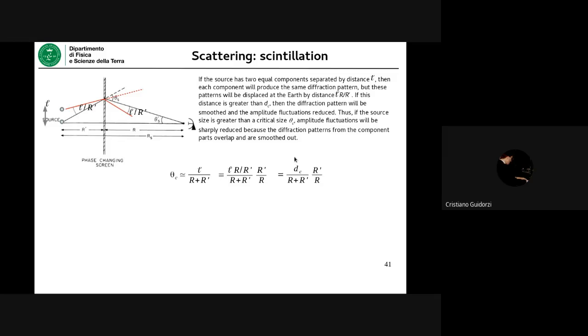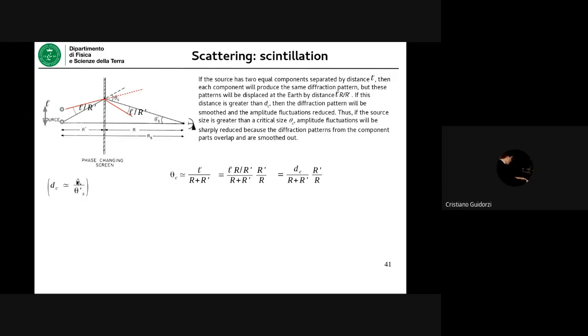In that case, the two diffraction patterns will no longer overlap significantly. So even if you move the detector by a displacement comparable to the correlation distance dc, you see no more wild fluctuations in the intensity.